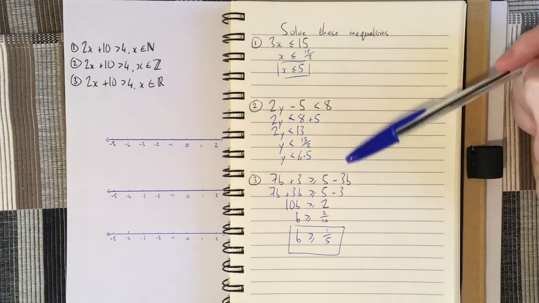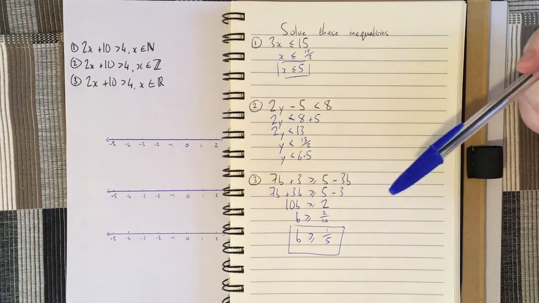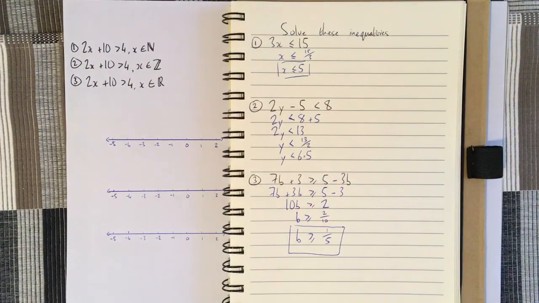So we would be able to do those anyway. If there was an equal sign there, that's stuff we've been doing for a while and we know how to do that. Just one thing to note on this one, I brought the b's over so the b's became positive. I would try to do that if I can on inequalities. If I brought the 7b over and I got minus 10b, that's when these are a little bit different from equations.